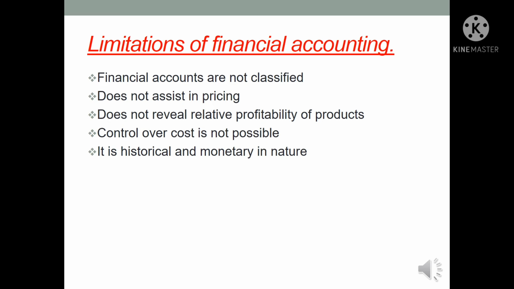While measuring the totals, it may be the case that although the business is earning profits, some of the products are losing money. So the higher profit earned by some products is offset by some unprofitable products. So financial accounts will keep the management in the dark as to the relative profitability of different products.